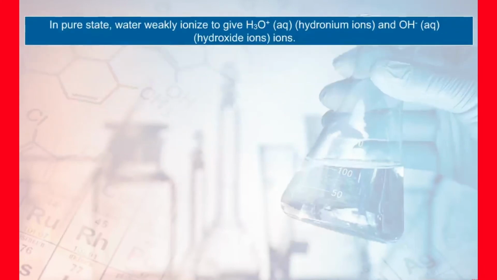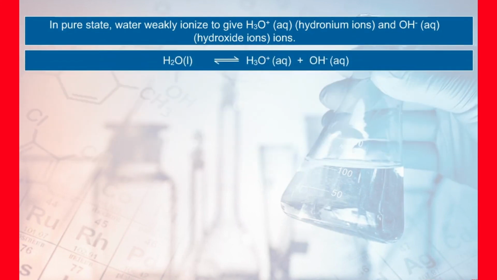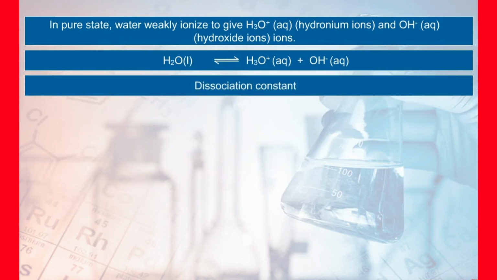Ionization of water. In pure state, water weakly ionizes to give hydronium ions and hydroxide ions. Applying the law of equilibrium, we get the expression for the dissociation constant.